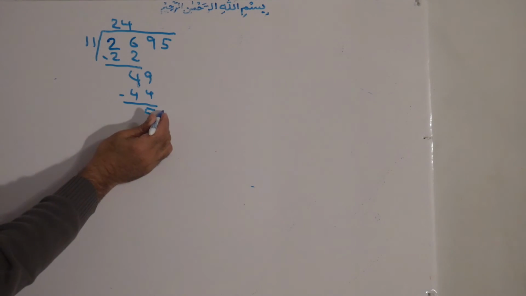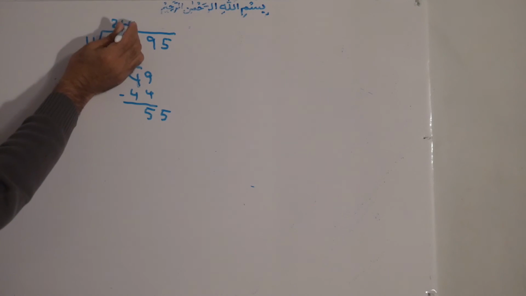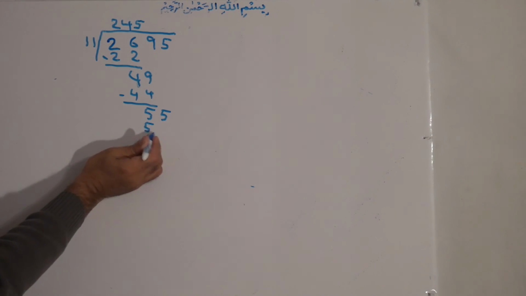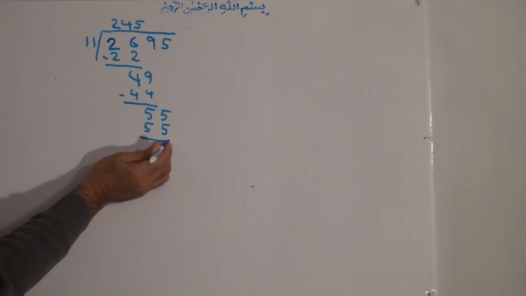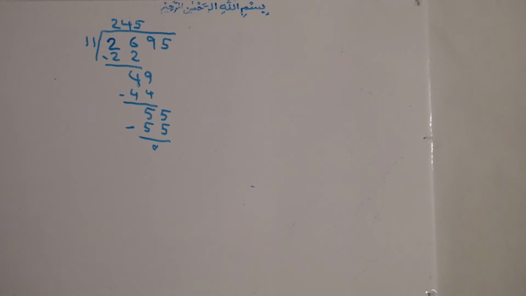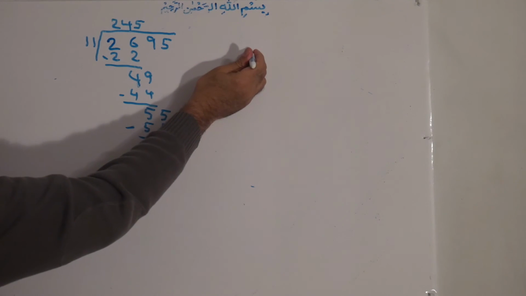We bring down 5. 5 times 11 is 55, remaining 0. So this is correct.